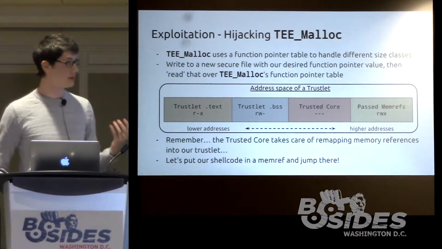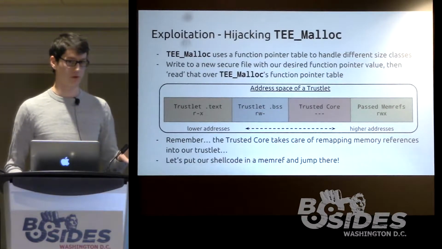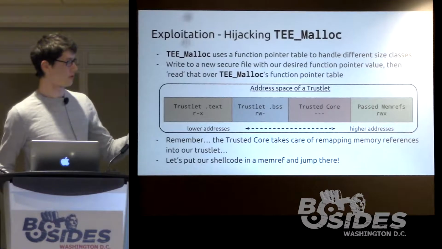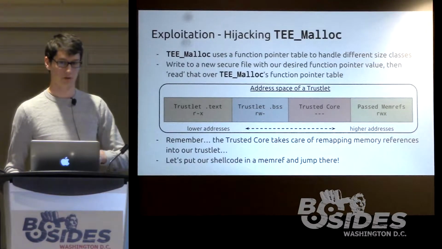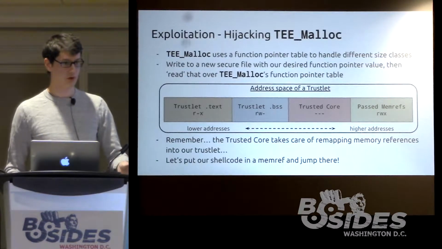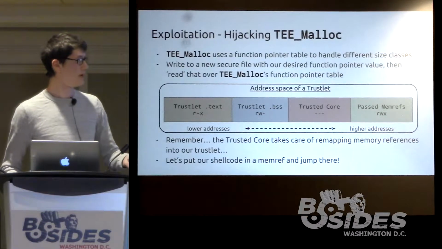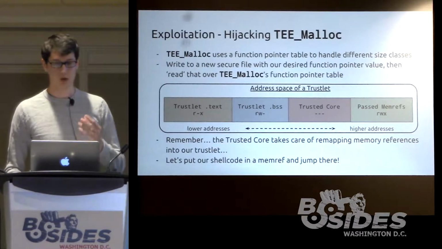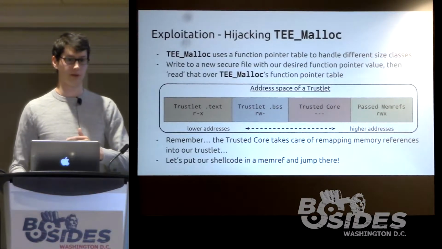And then interestingly enough, we have the kernel mapped in. Of course, the Trustlets can't write to this kernel, but it's mapped into the same virtual address space as the Trustlet, just like how the Linux kernel is mapped into the same virtual address space as userland apps. It's sort of mapped in the middle of its address space, at address C0000000, and then above that kernel, we actually have all the passed memory references that are remapped into the Trustlet's address space.